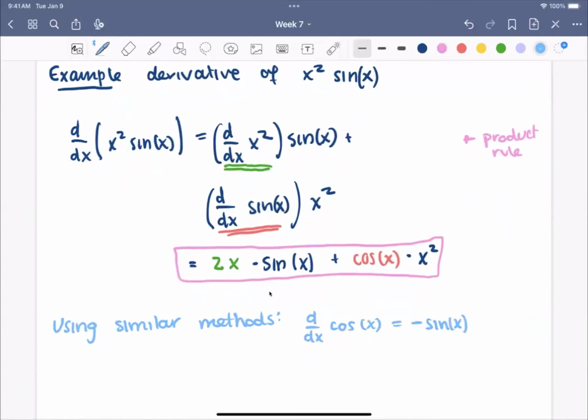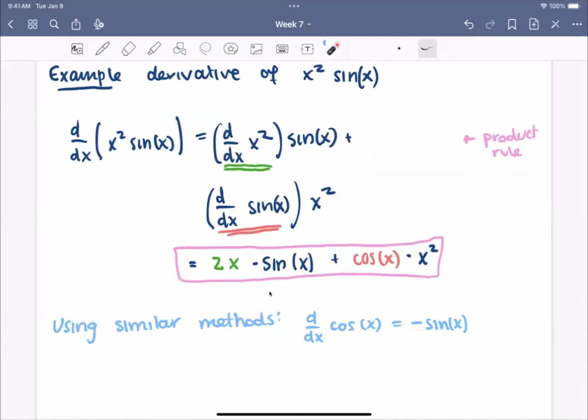This becomes a little bit tricky to remember because sine x and cosine x almost are each other's derivatives up to this pesky minus sign. So just remember, the derivative of sine x is cosine x, and the derivative of cosine x is minus sine x. You pick up a minus sign.